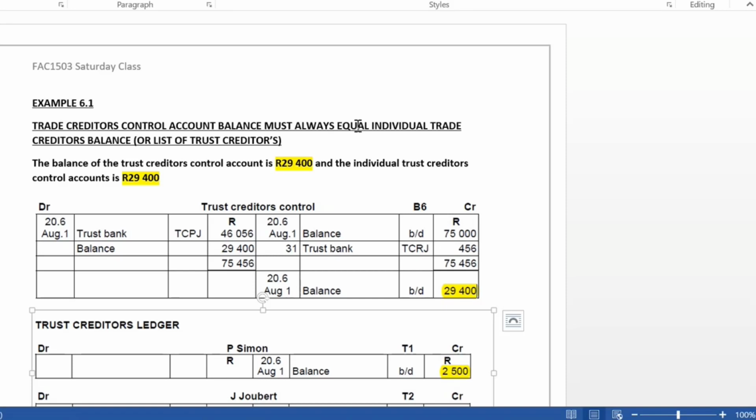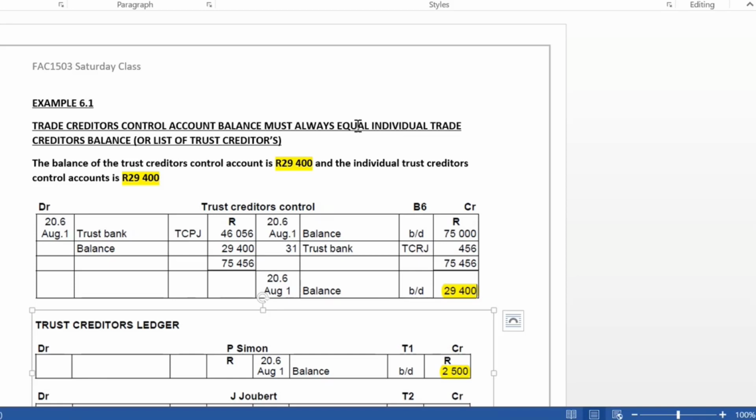Please make a note of that, especially as this will become clearer when we do the transfer procedure. When we do the transfer procedure, I think it's in learning unit 6 or 7.